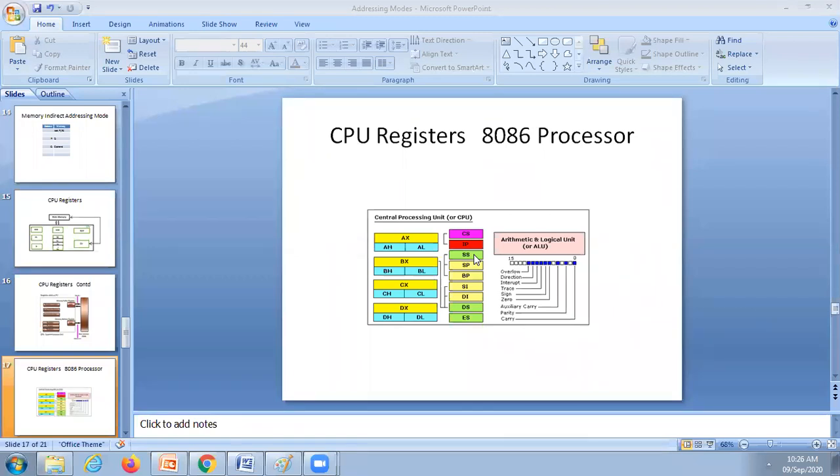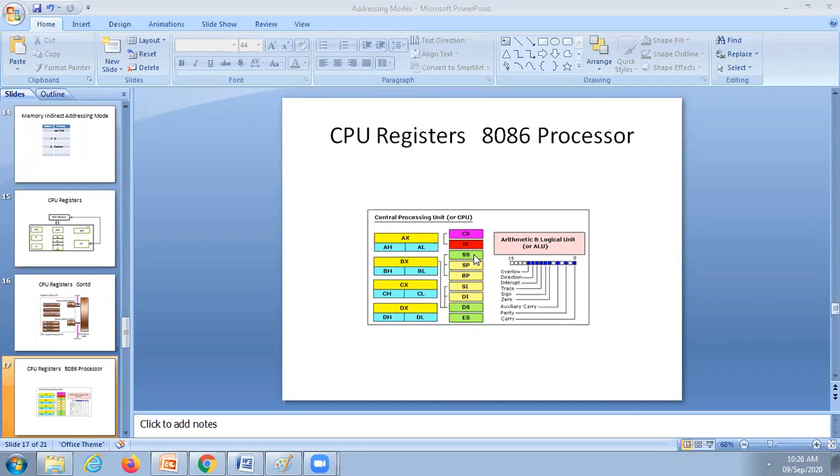Stack segment means the memory is divided into different portions or parts, and some part is used for stack purpose. That stack starting address is stored in the stack segment register, but the actual stack is available in main memory.